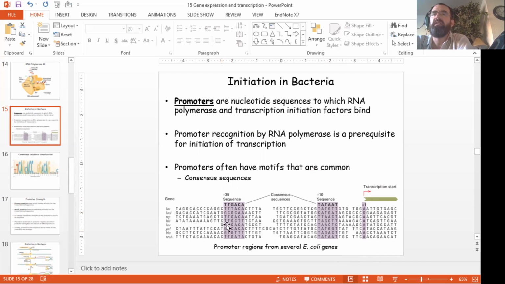And basically, these are regions which are recognized by transcription factors, which are proteins that help initiate transcription, and by RNA polymerase itself. And as we've talked about before, these are AT heavy or AT rich, in part because it makes it easier to pop them open, right, during the initiation of transcription.